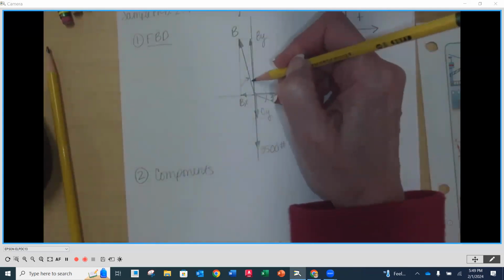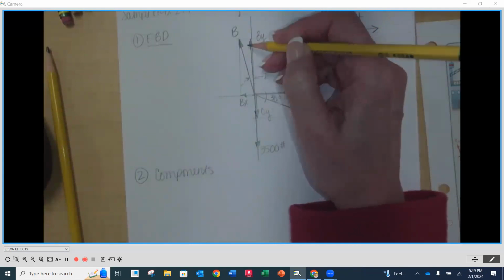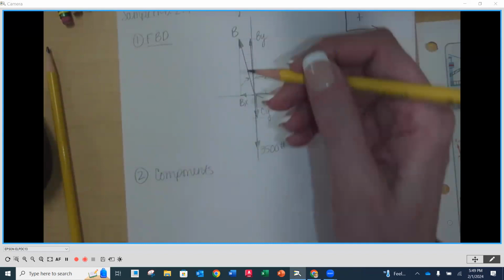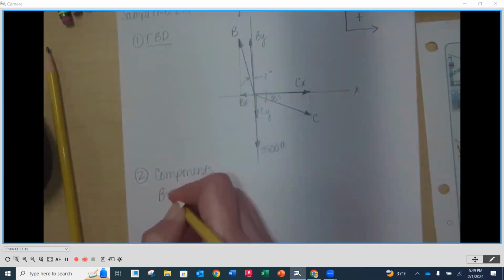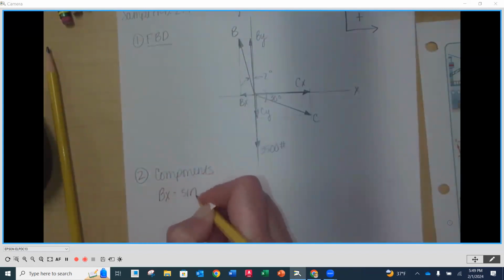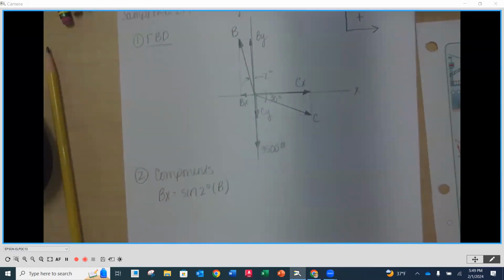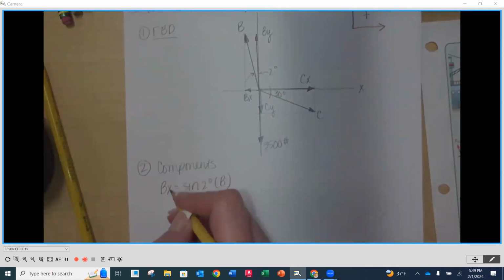Equivalent length out here. So if I look at my 2 degrees, it would be the side opposite over the hypotenuse. So I'm going to say my BX is going to be equal to the sine of 2 degrees times B. Does that make sense to everybody? So now, I know I can't solve this for an actual number, but what I can do is get the sine 2 degrees into a decimal.